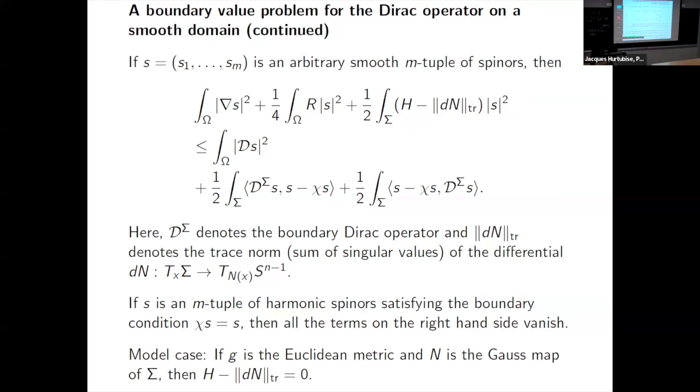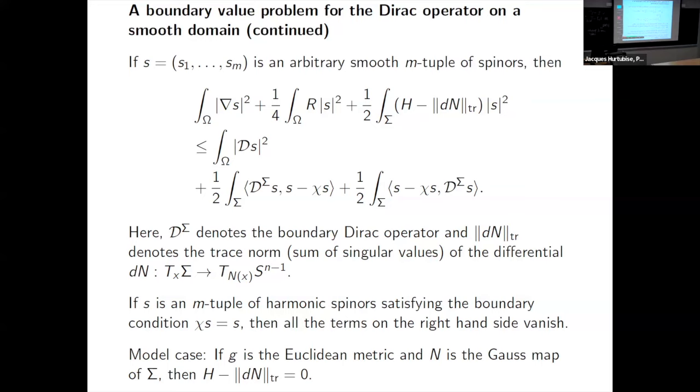On the right-hand side, you get the L2 norm squared of the Dirac operator applied to S. And then you get boundary terms, which involve the boundary Dirac operator d sigma, and the difference of S and chi-S, where chi is the chirality operator.